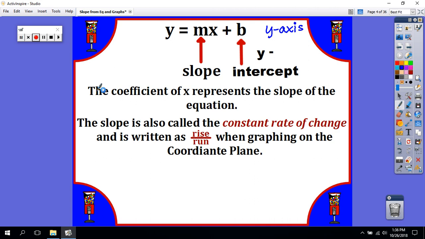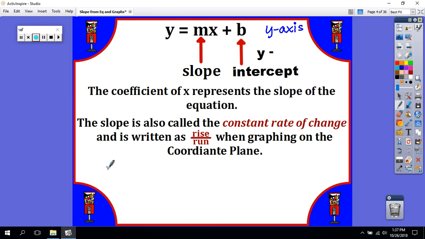Slope is also called the constant rate of change. That's a blank on your paper. Constant rate of change. Your pencil should be moving. And we can also write it as rise over run when we are graphing. So already we know tons of different names for this thing called slope.